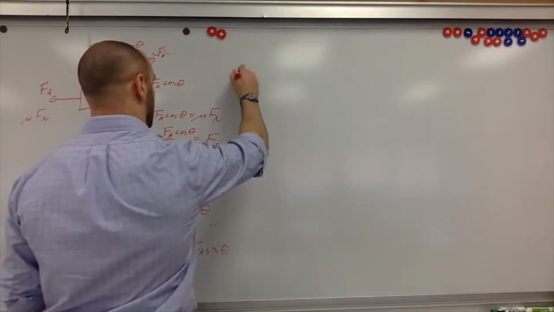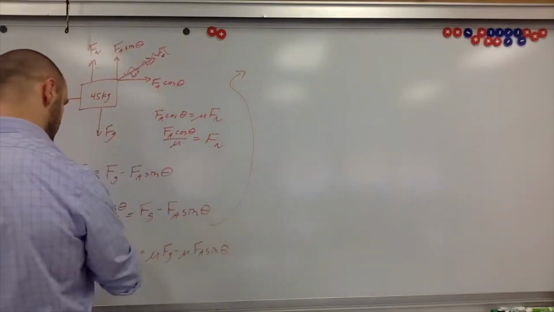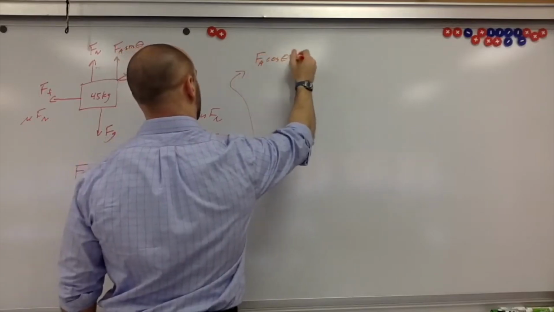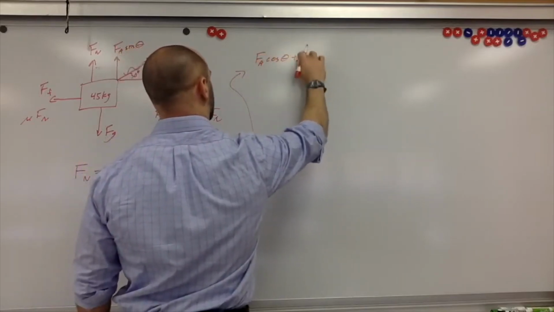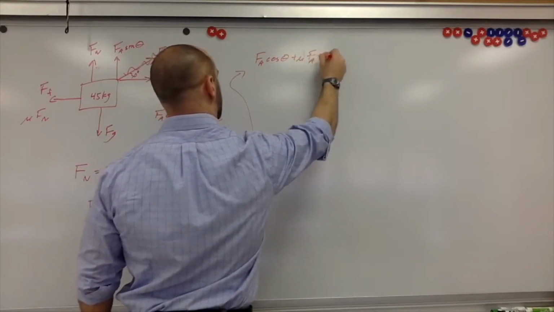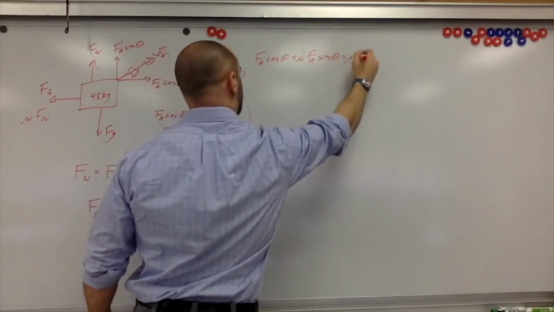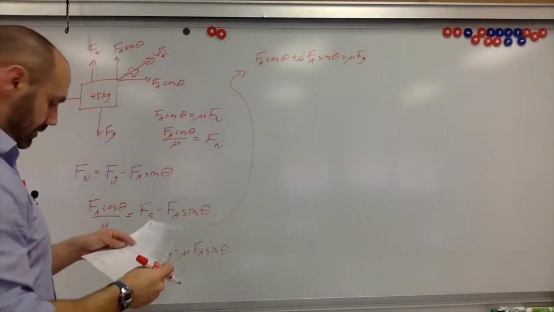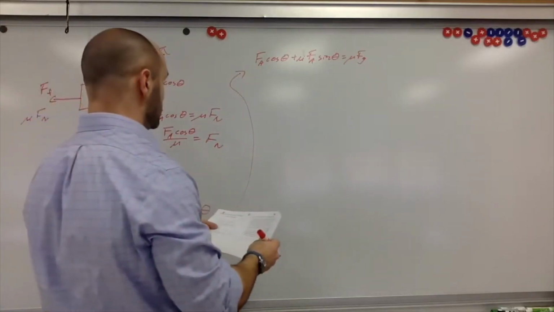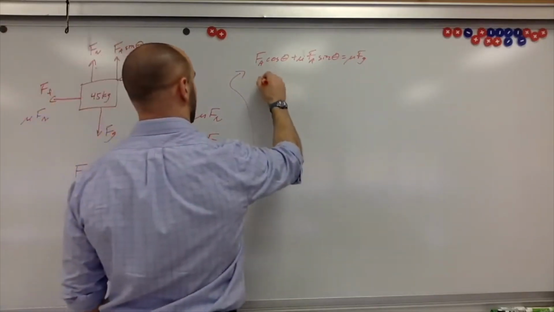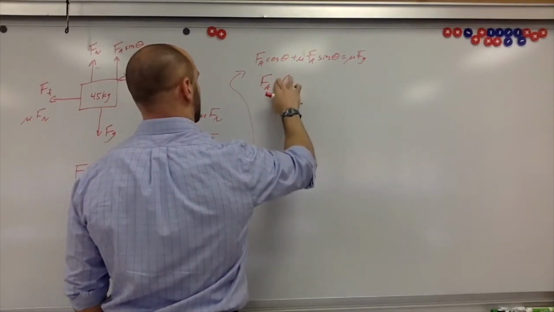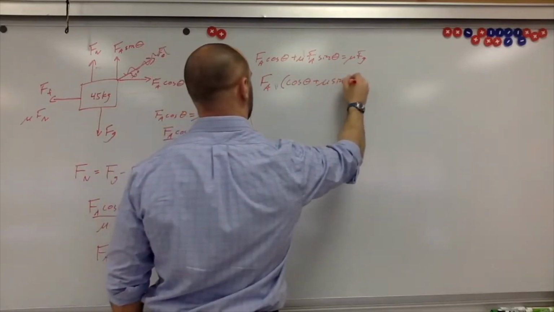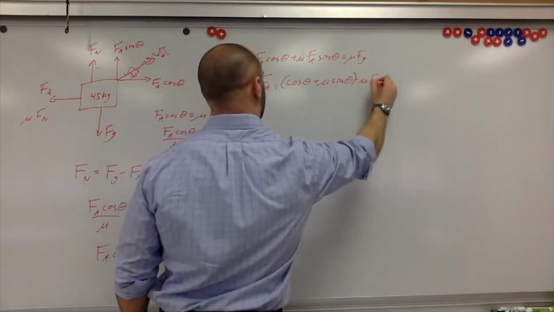Now I'm going to bring the Fa's together on the same side. So Fa cosine theta plus mu Fa sine theta equals mu Fg. This is getting messy. Now I factor out Fa, and this is cosine theta plus mu sine theta equals mu Fg.